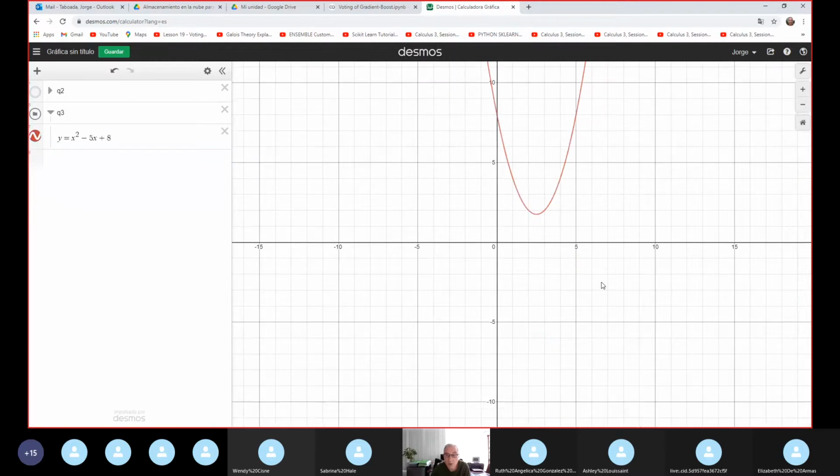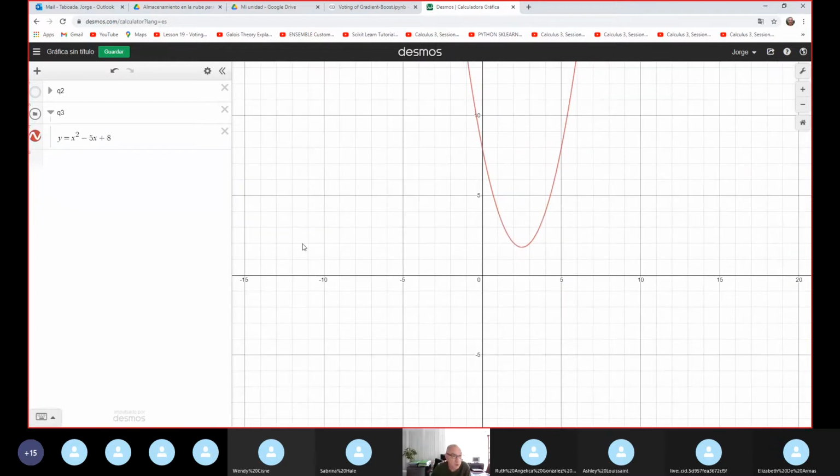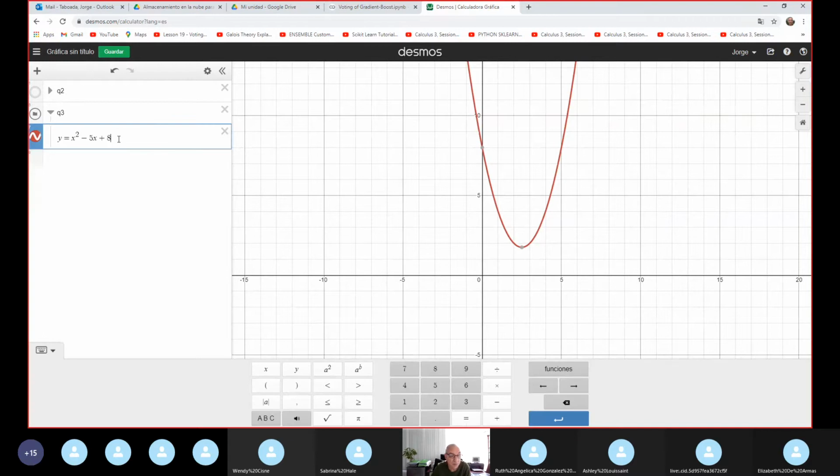Good. This is our parabola. What is important? Super important point. One of the super important points is the vertex. The vertex is located at the point 2.5, comma 1.75.